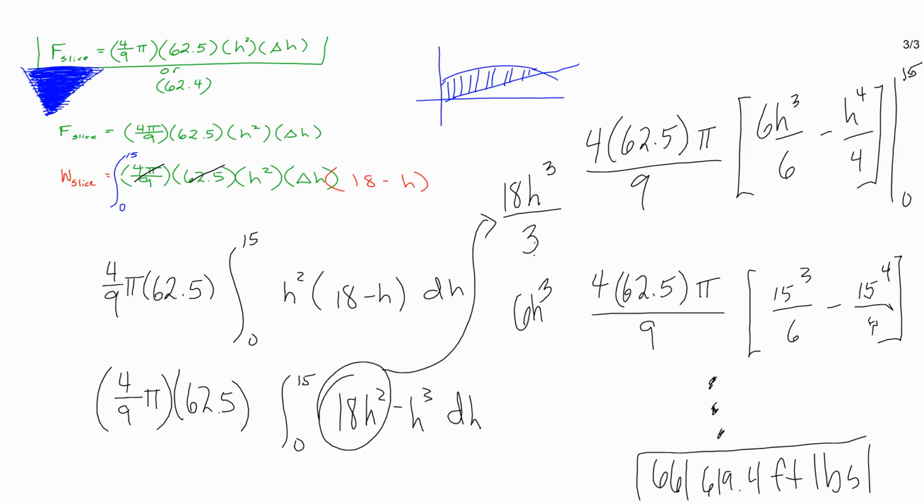That's right. You still get this answer. I just didn't follow my notes like I always do. Somebody check my math and see if you get 661,000. Okay, 662,000, close enough for government work.